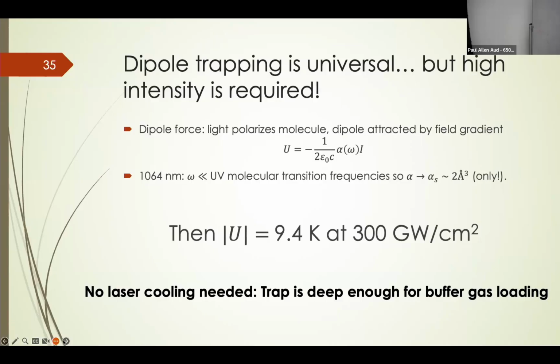The first challenge was to find, well, are there any? And the good news is that many small chemically stable molecules have their first excited energy levels in the deep UV. So a 1064 nanometer laser is not going to do much to them, at least in theory. I have to admit that we haven't tried yet, and so you don't really know for sure until you've tried.